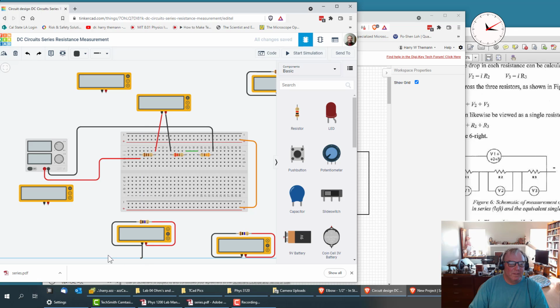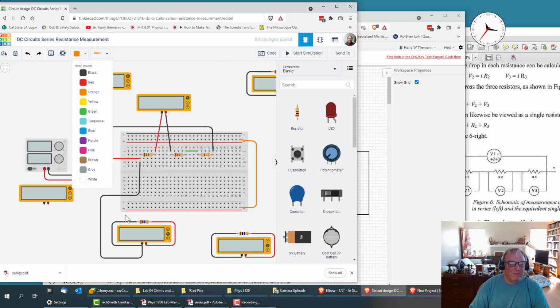So then we got, that's a little inconvenient with these guys because of the way, let's see, yeah, I have to hit, I want to get there, so that's one end of the resistor, and now let's get another color.